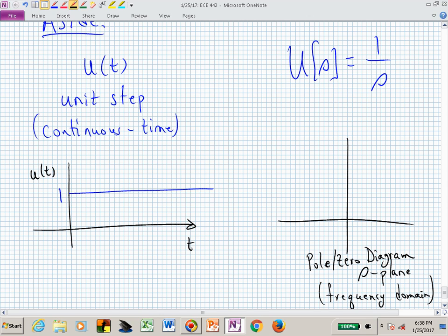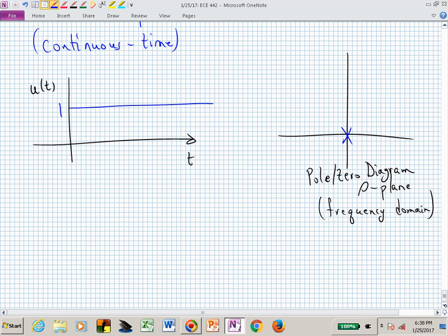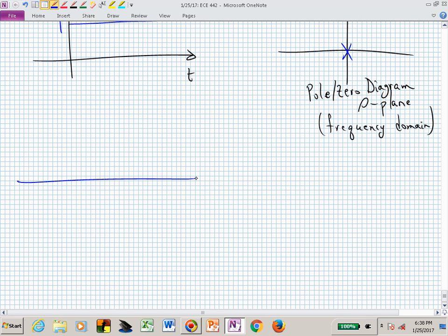Where's our pole? It's the value of s that causes the denominator to vanish, or the whole thing to go to infinity. It's at 0. So we now have a pole at the origin. There's our pole.